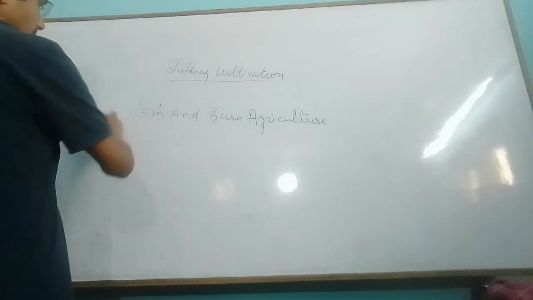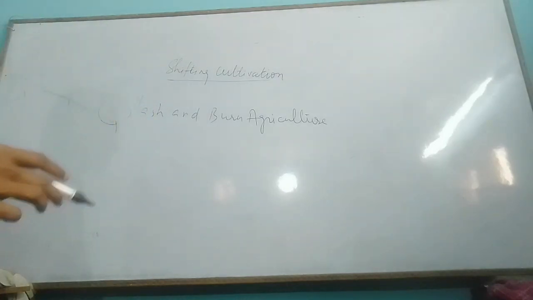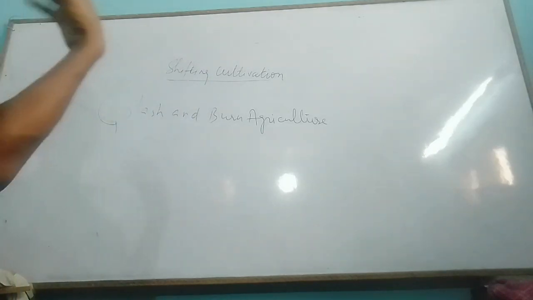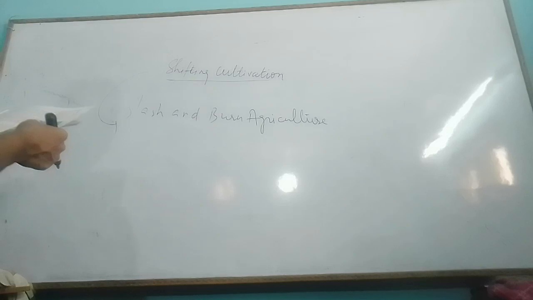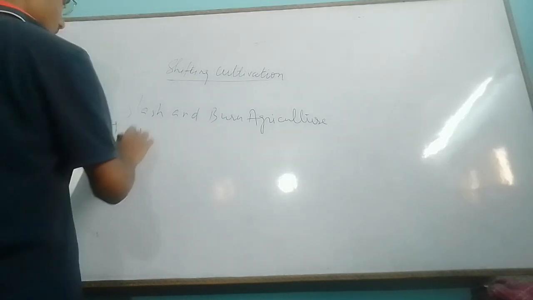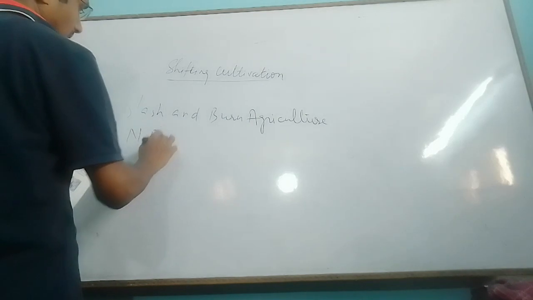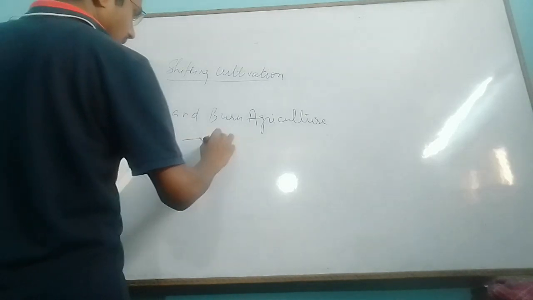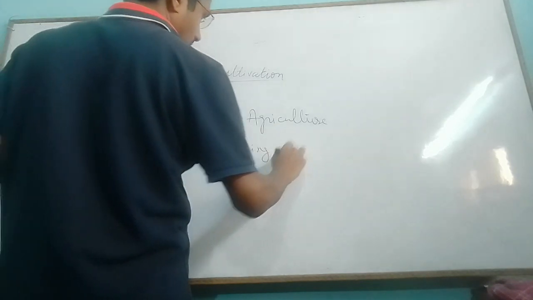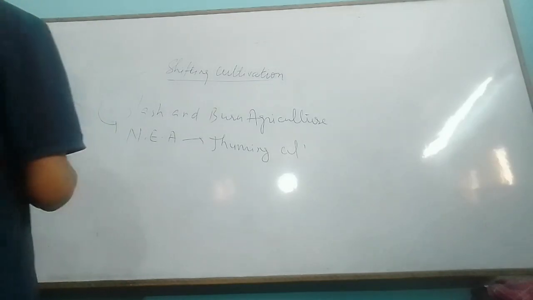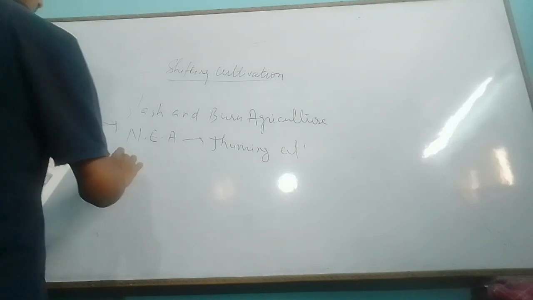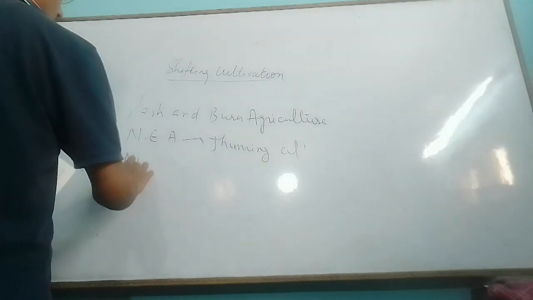So shifting cultivation is known by different names in different areas. In the northeast area it is called Jhuming cultivation. In Mexico, milpa.